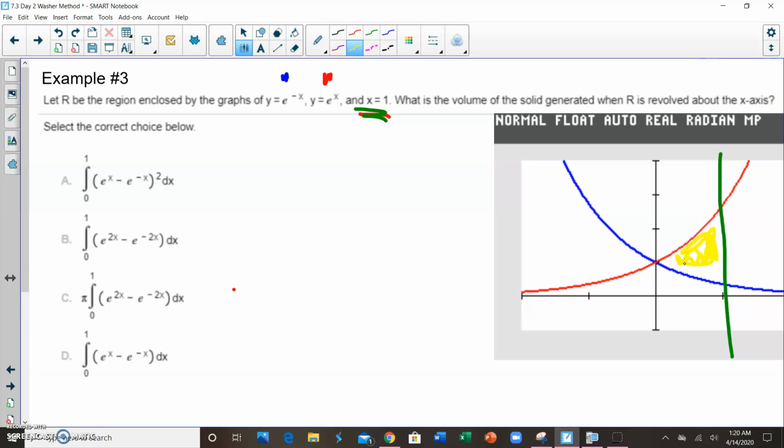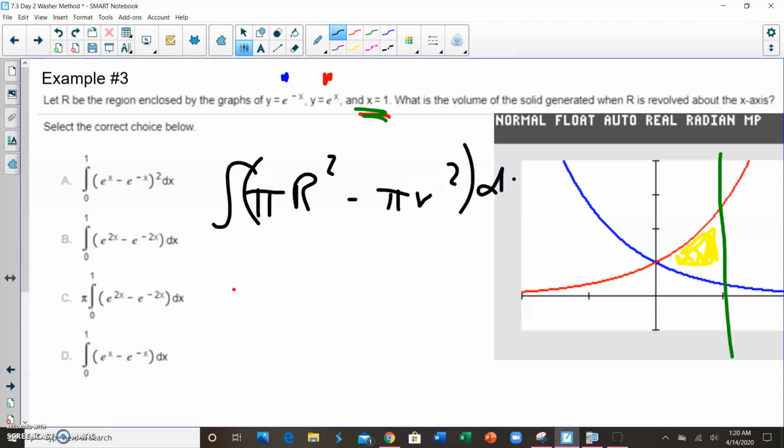Okay, so how do we set that up? We would integrate pi big R squared minus pi little r squared dx, because as you can see, when you revolve that around the x-axis, there's going to be this hole right here in the middle.